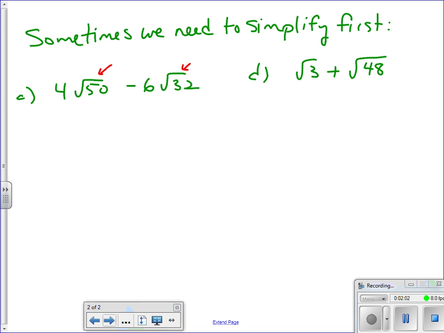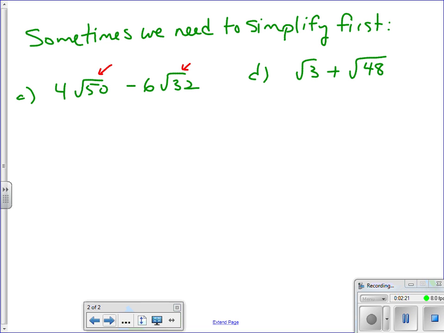So 50 has as a factor 25. So always go through the perfect squares, 1, 4, 9, 16, 25, 36, and check if any of those are factors of the radicand that you're working with.